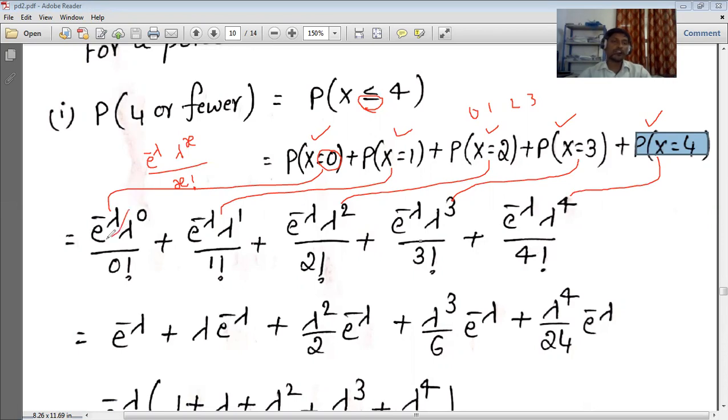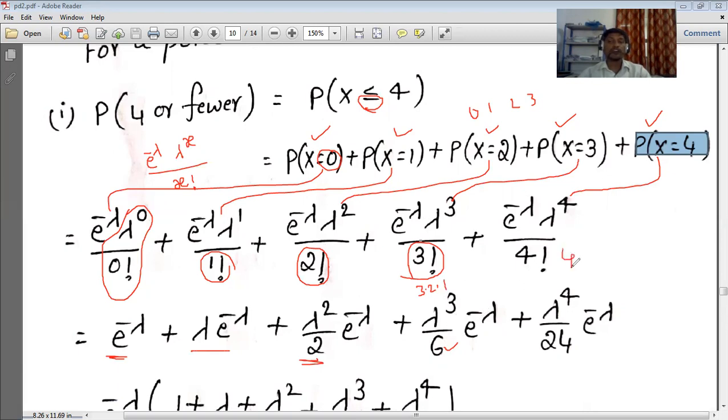Anything power 0 is 1 and 0 factorial is also 1, so we have e power minus lambda. 1 factorial is 1, so lambda e power minus lambda. 2 factorial is 2, so lambda square by 2 e power minus lambda. 3 factorial is 3 into 2 into 1, which is 6, so lambda cube by 6 e power minus lambda.